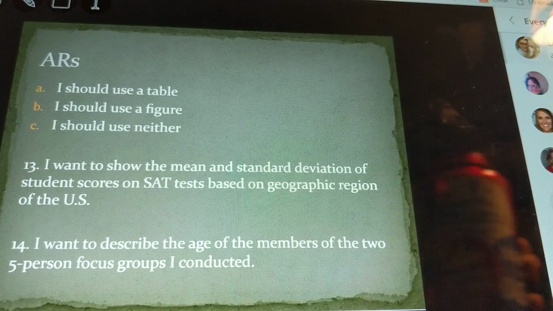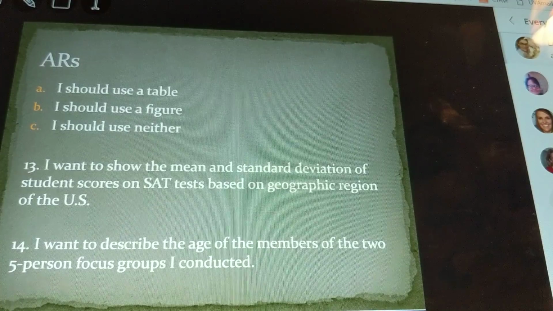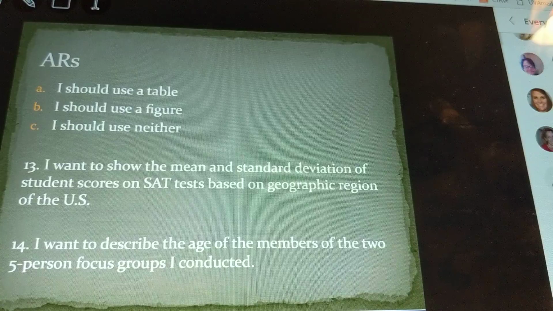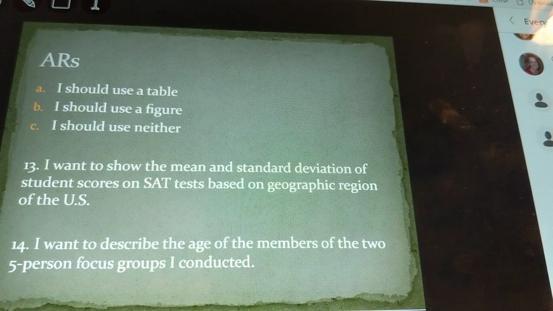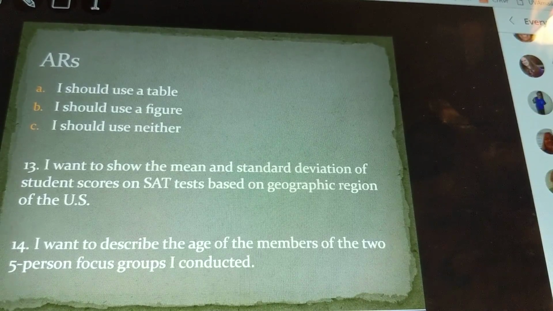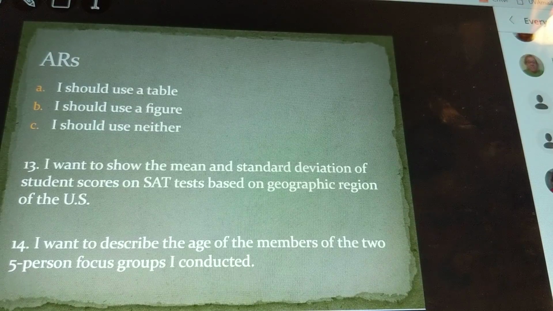All right. Okay, 14: I want to describe the age of the members of the 2 5-person focus groups I conducted. Yes, I would say that those of you that responded C would be correct.